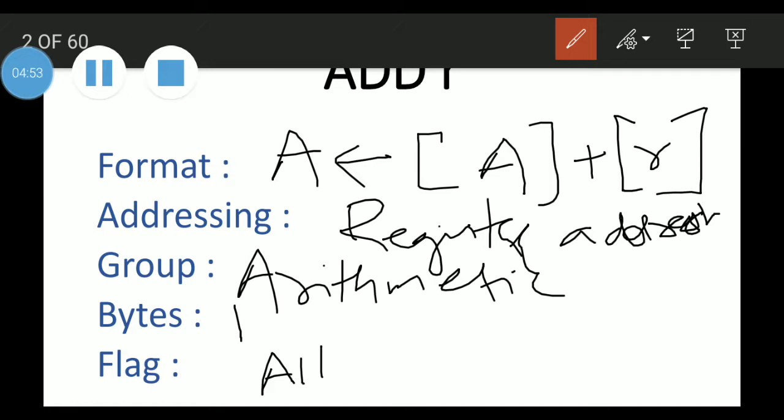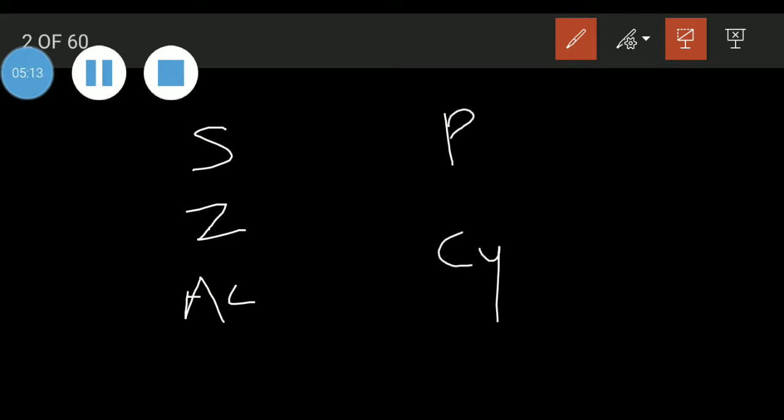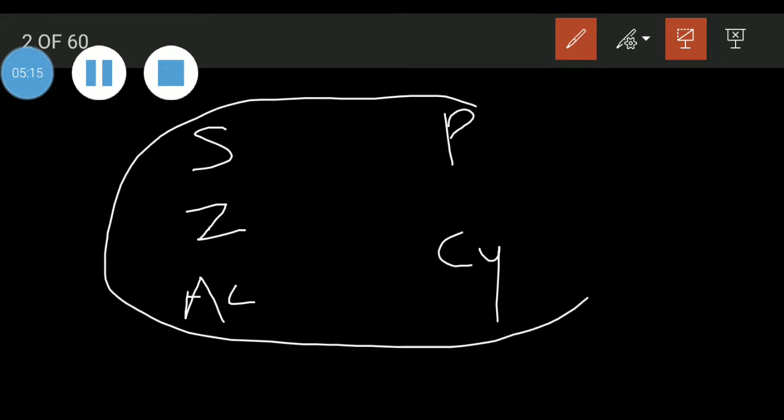What are the flags? All the flags means sign, zero, auxiliary carry, parity and carry flag. All of these will be affected by ADD R. Indirectly we can remember this in a single line: all the arithmetic group instructions affect the flag contents.